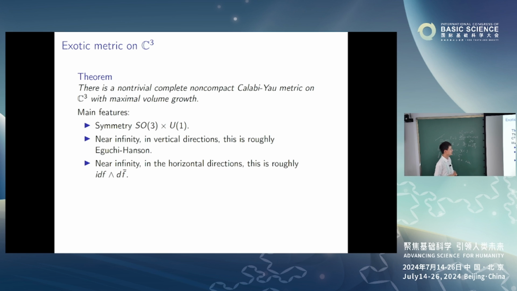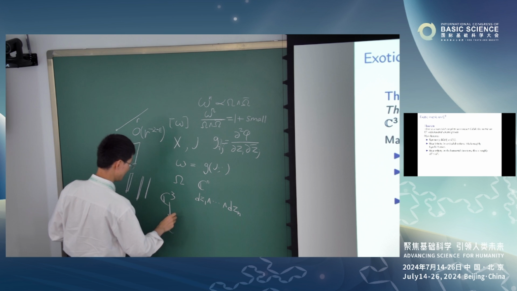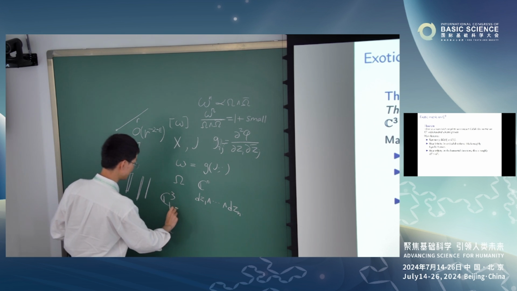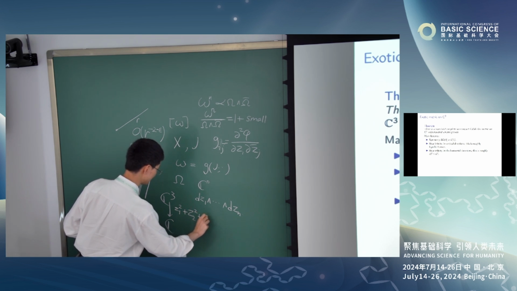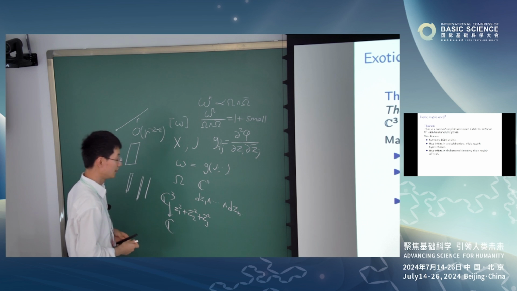Now, near infinity, you have a fibration structure. You have C3 over C, given by the map z1 squared plus z2 squared plus z3 squared.